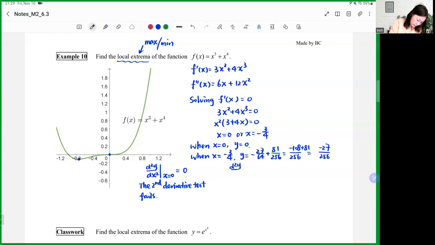This one, okay, this one is a positive answer. Therefore, this point is a minimum.